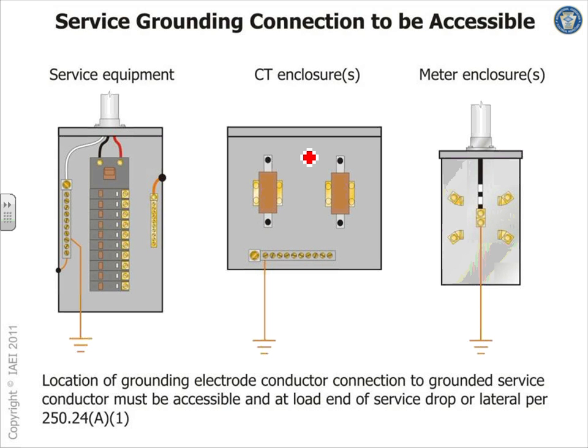So here's my typically service connection to be accessible. So they ask about the service connection to be accessible, guys. What you do is you ground right where your disconnect is located, and you bring your equipment grounding electrode conductor to the location. This is typically the location where you bring your equipment ground conductor to the location where you bond the enclosure and the neutral.